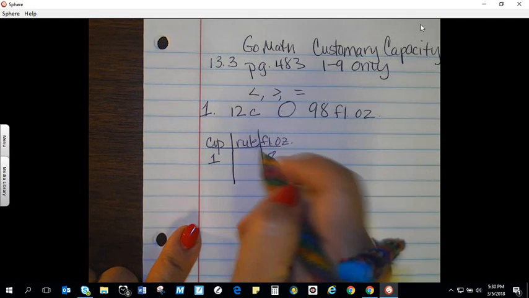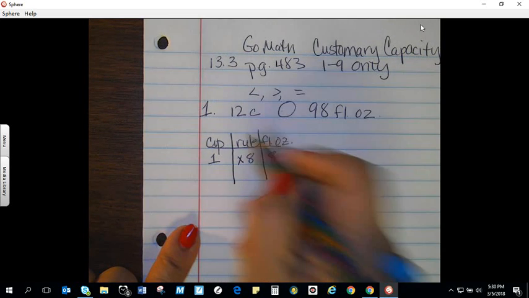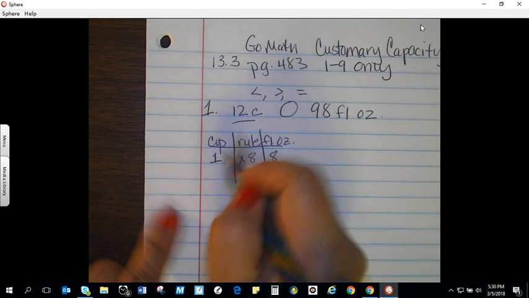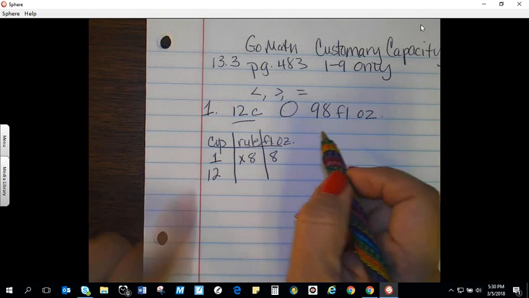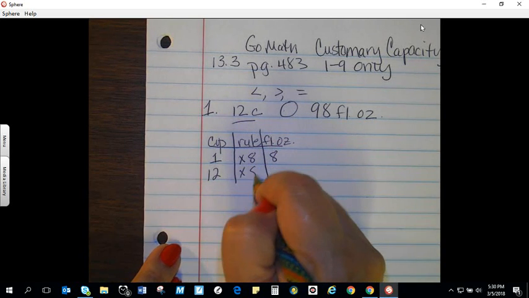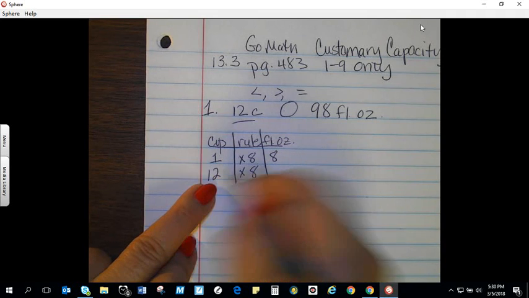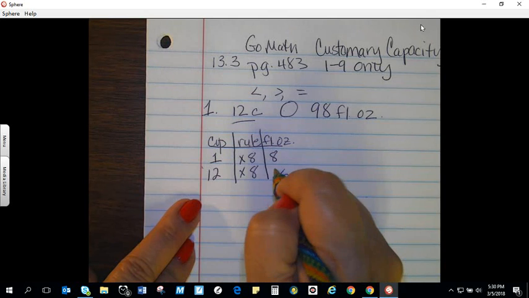I got there by multiplying 1 times 8. And so now I'm going to have 12 cups. So if I have 12 cups, how many fluid ounces would that be? Well, I know it's 12 times 8. 8 times 2 is 16. Carry my 1. 8 times 1 is 8 plus 1 is 9, so 96.